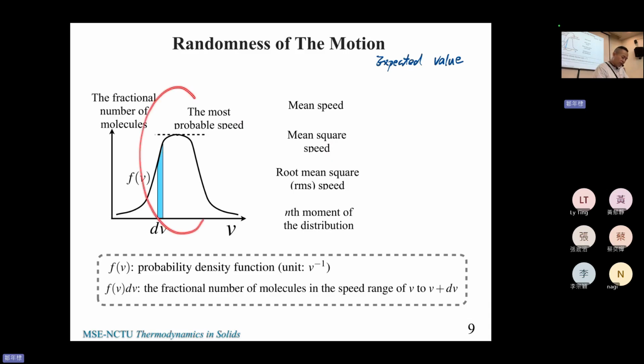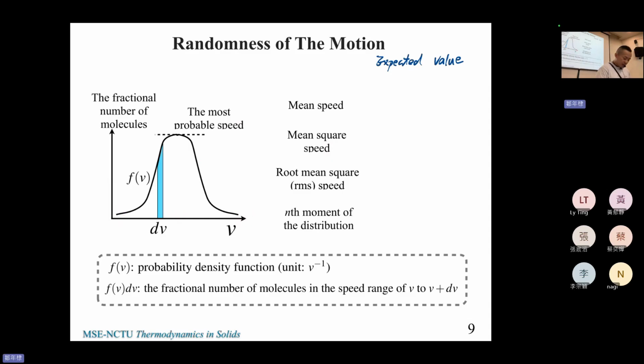But most of the population will have normal speed, normal speed for the traveling of the atoms. So you can see this is a normal distribution for the atoms. So x is v: low speed, high speed, normal speed.